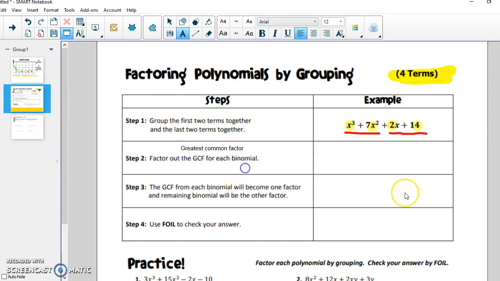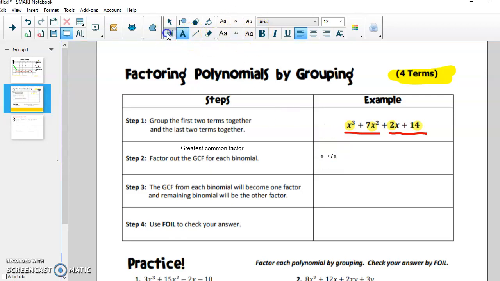Our greatest common factor for each binomial. So we need to treat this first set of terms as a binomial and the second set of terms as a binomial. Let's pay attention to this first binomial to start ourselves off. We have an x to the third plus a 7x squared.